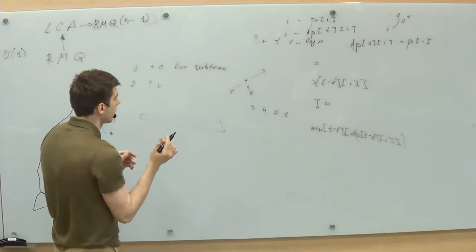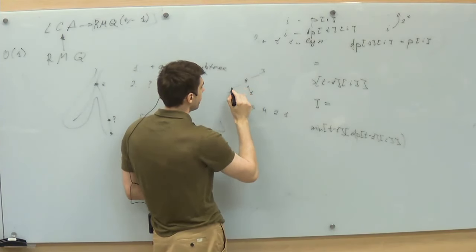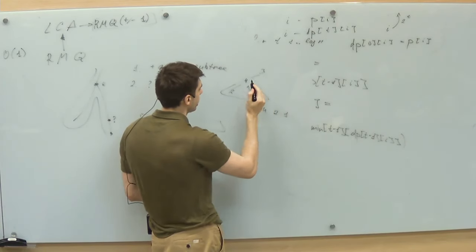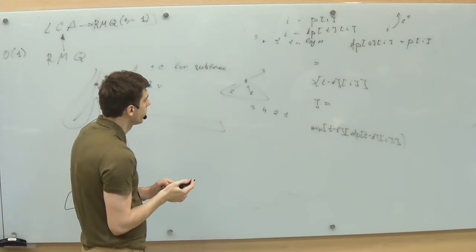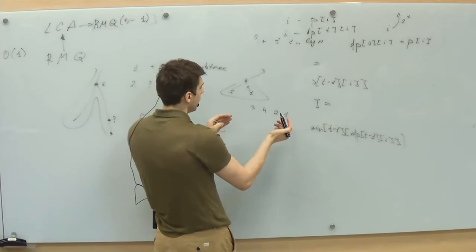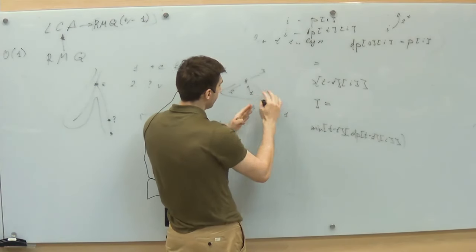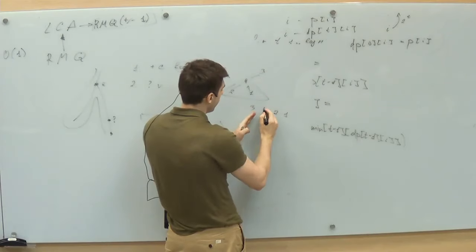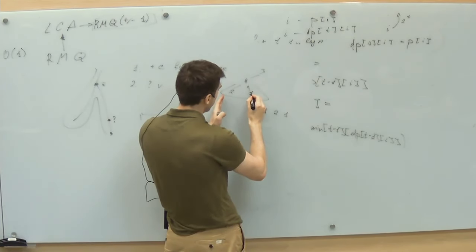But you also remember, when you have visited all the children, what the pointer was, or how many elements you wrote. So for this vertex 4, you know that the last one was this.